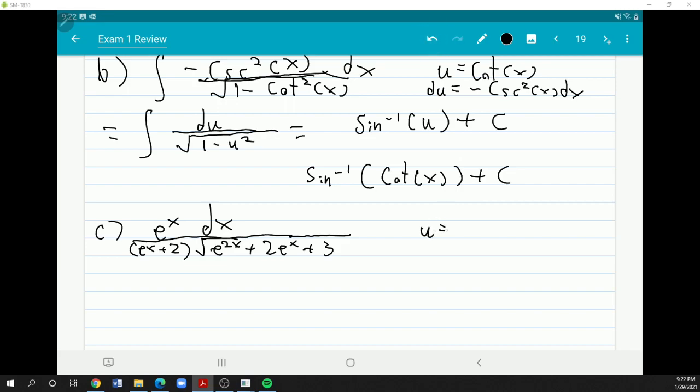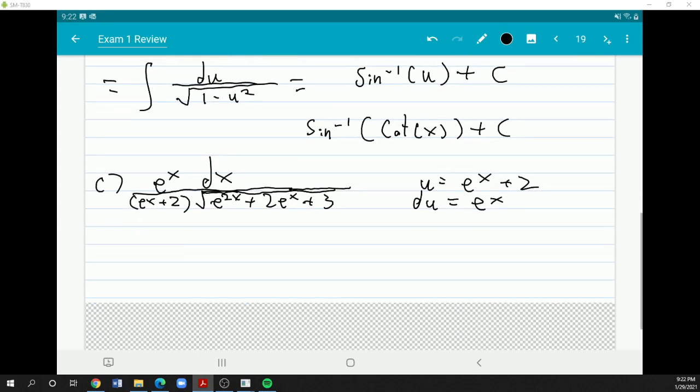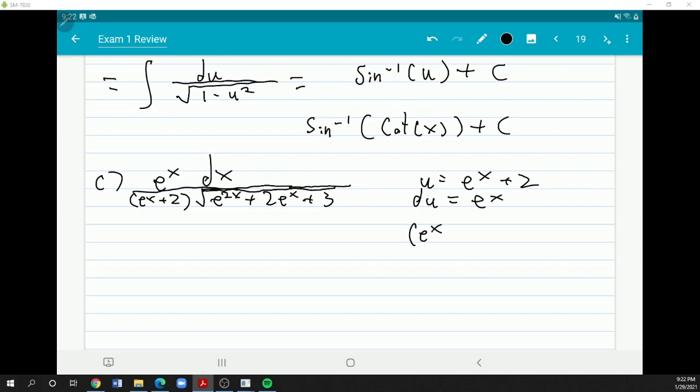Let's let u equal e to the x plus 2. Then du is e to the x dx. I see a square root, and I see some stuff squared, namely that e to the 2x. So I'm wondering what would the square be? So e to the x plus 2 squared would be e to the 2x plus 4e to the x plus 4.